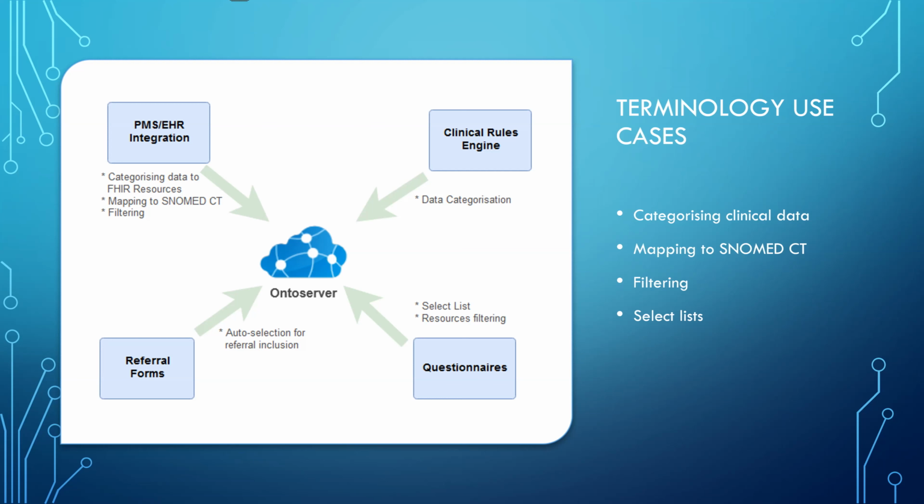The rules engine utilizes value sets, executing them to categorize the coded data to be utilized in the rules logic. Our questionnaires, our forms, provide select lists to utilize in the UI, and it provides the ability for us to filter some FHIR data out of the EHR for display on the form or for logic on the form.